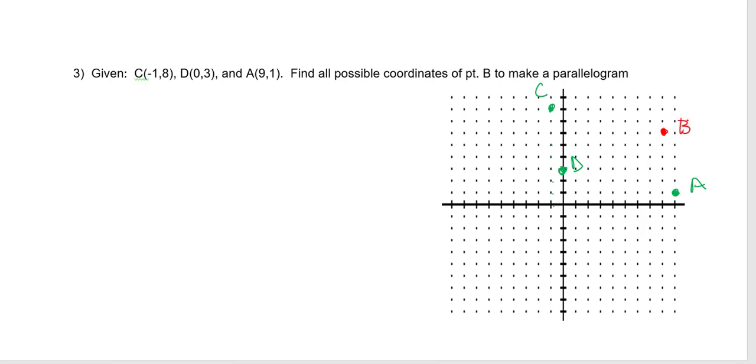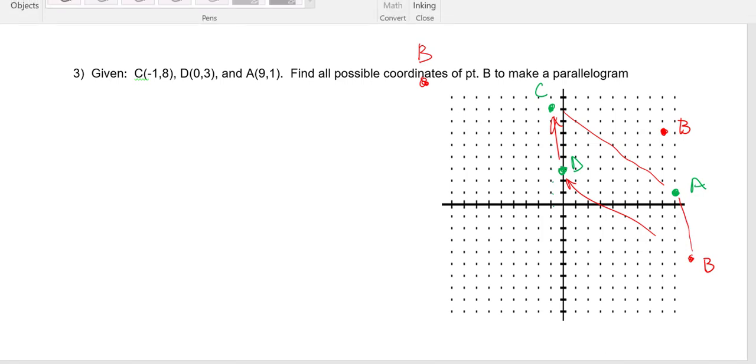But I could also do C, then A, then it would be something like this, B, and then D, and then C. So I could end up with another B over here. And then there's one more that I could end up with way up here. So let's just talk about how to get the first B, and then I'll let you find the other two. So let's do a quick erase here.